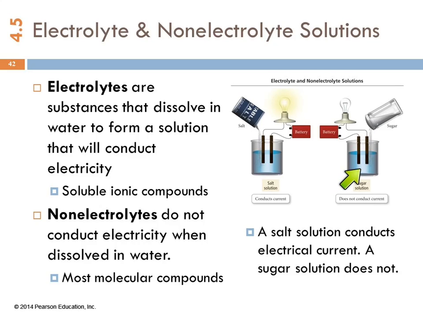If you have pure water, it doesn't conduct electricity and the light bulb will not glow. If you pour sugar into the water, the light bulb still doesn't glow. Because sugar does not ionize in water. It doesn't form ions. It's a molecular compound, and there are no charged particles to move the current.